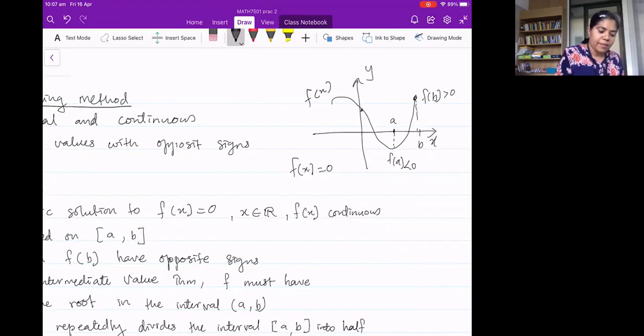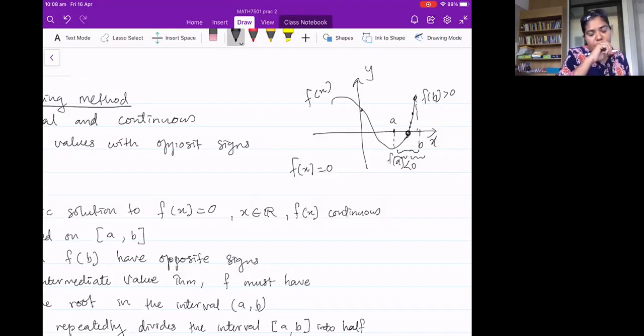So you need to start with an interval like this, and then it continuously bisects the interval as it moves along. Take half of this interval, and as it moves along this line, it gives an approximate solution to the function.